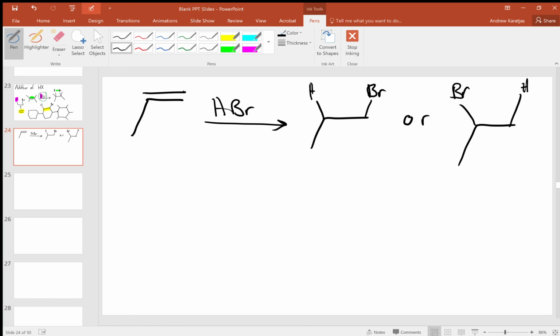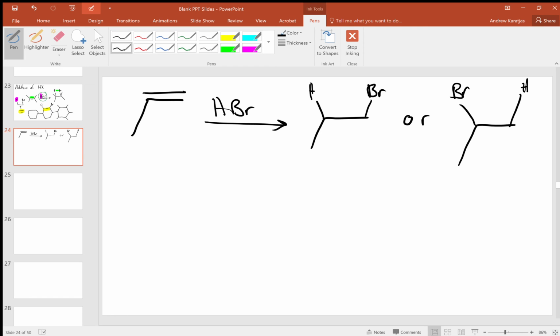Reaction mechanisms are the step-by-step pathway that show us how the bonds break and how the bonds form in a chemical reaction. In other words, if you look at this reaction we have on the screen here, it doesn't just happen all at once.